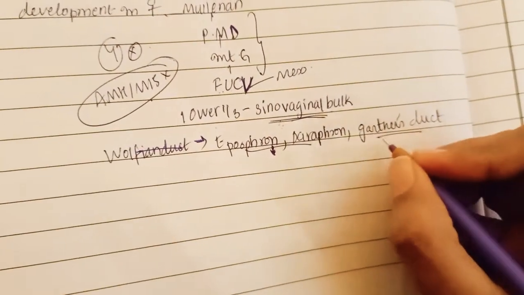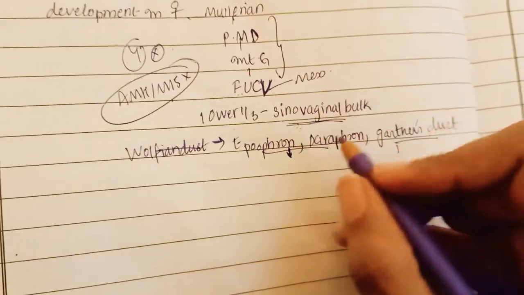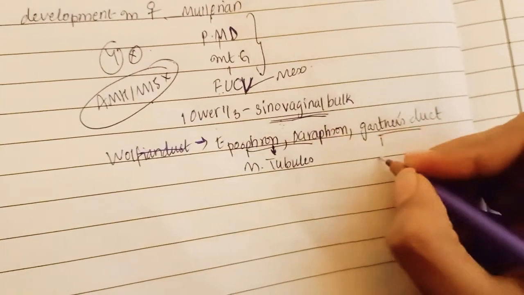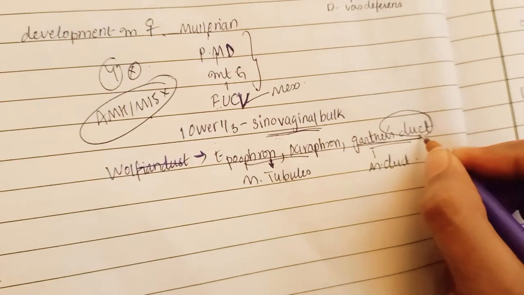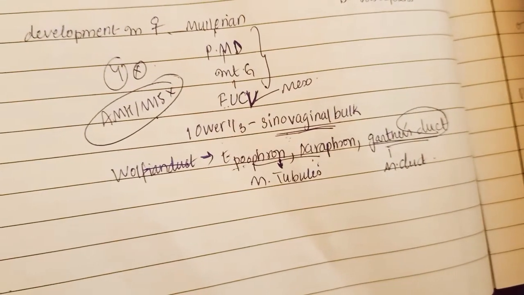Gartner's duct is a remnant of the mesonephric duct. One thing you need to remember here: epoophoron and paroophoron are remnants of tubules, the mesonephric tubules, whereas here it is the mesonephric duct, hence the name Gartner's duct. So this is what we need to remember here.